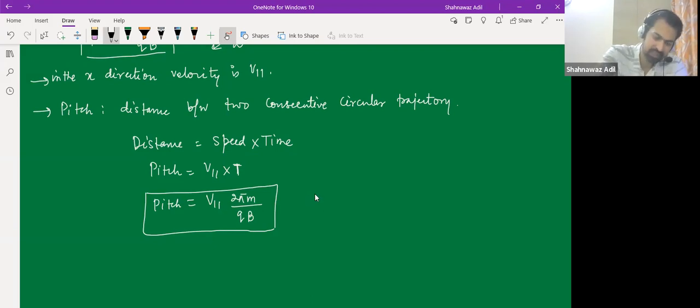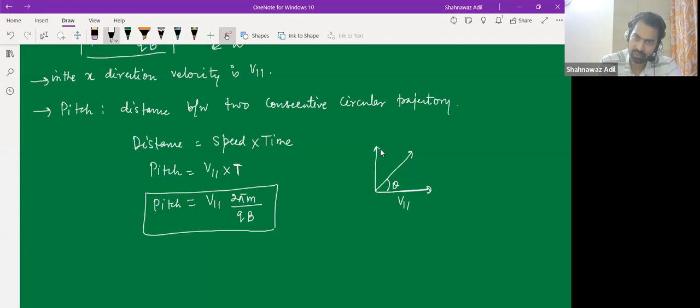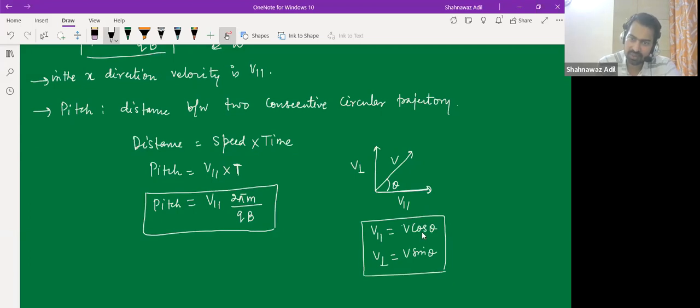This is theta, this is V parallel and this is V perpendicular. V parallel is V cos theta, and V perpendicular is V sin theta. So V parallel is zero, which means that cos theta is zero.